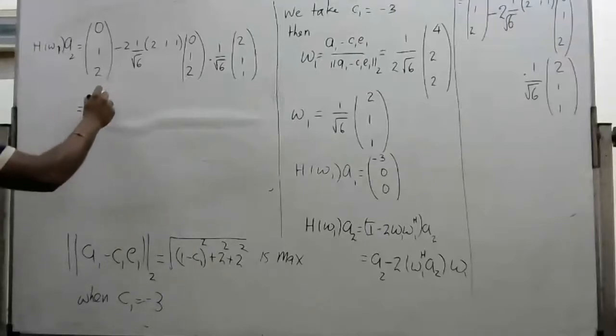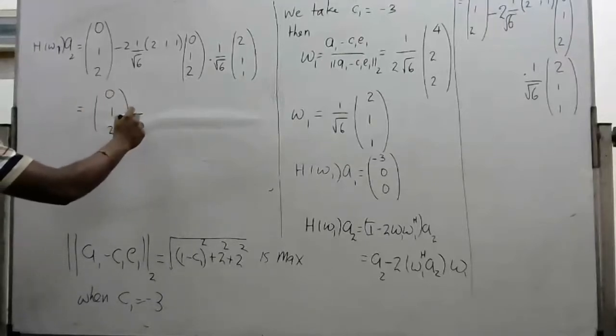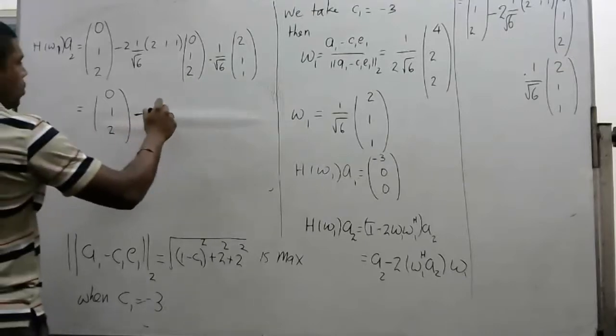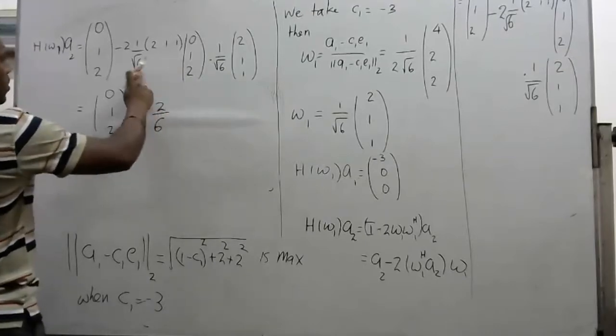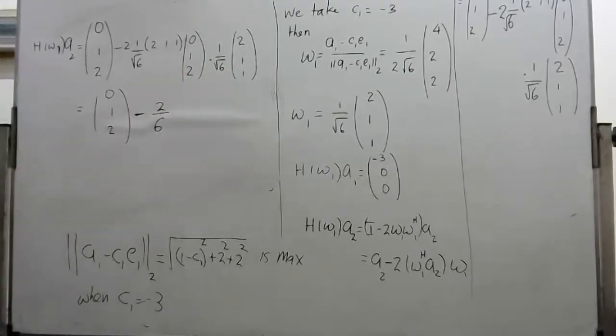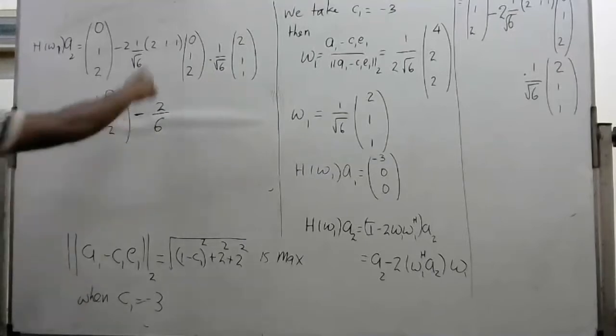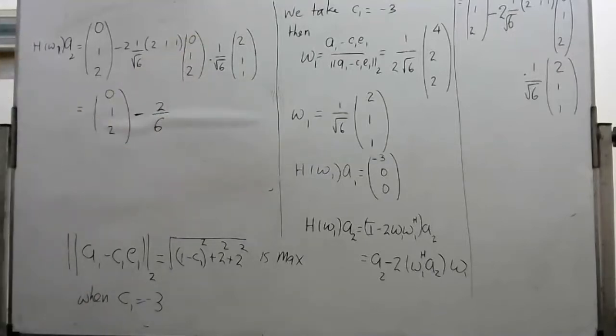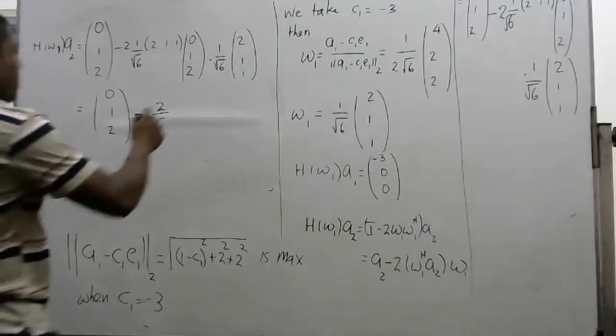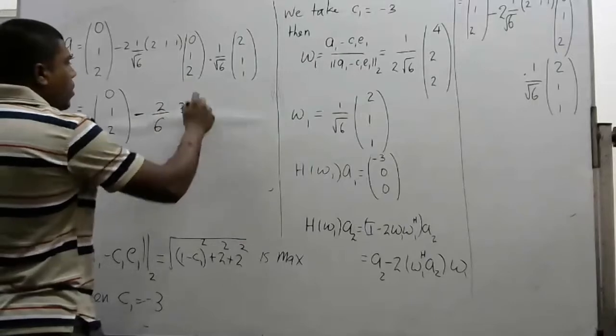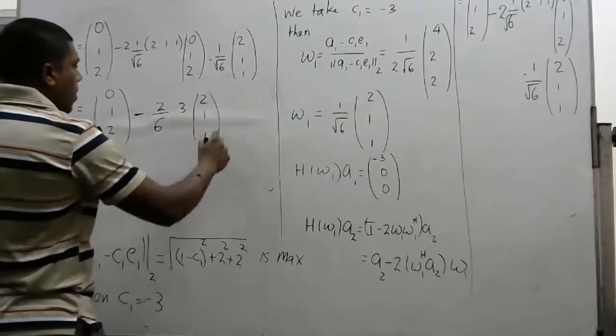So when you multiply these together, what you have is 0, 1, 2, minus 2 over 6, square root of 6 times square root of 6 is 6, and when you multiply these two together, 2 times 0 plus 1 times 1 plus 1 times 2, if you combine all of them, you get 3. And then you have 2, 1, 1.